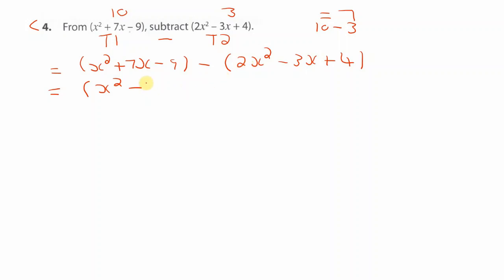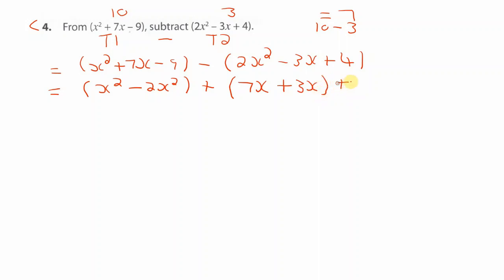So we have negative 2x squared. We plus, because we said we can, to keep things simple, just change the minus into plus. So we look at our x's, we have a 7x, a negative times a positive is a negative... so we have positive 3x.